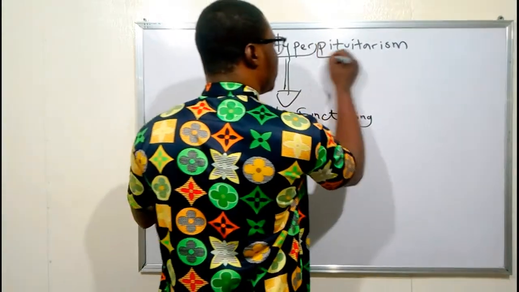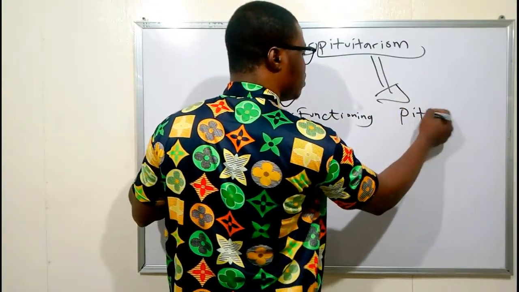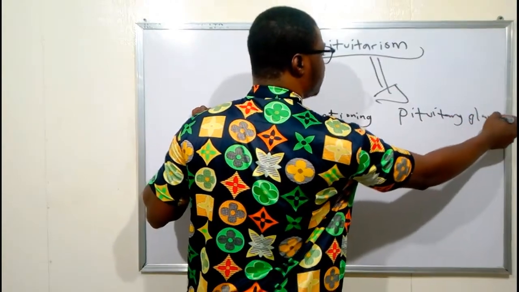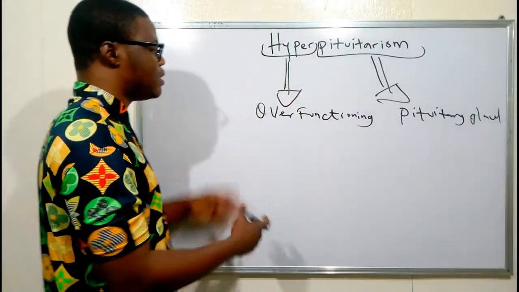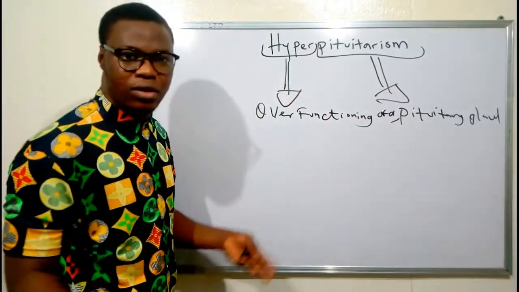The word pituitarism is from the word pituitary, which is a gland. So if you say hyperpituitarism, it means overfunctioning of the pituitary gland.